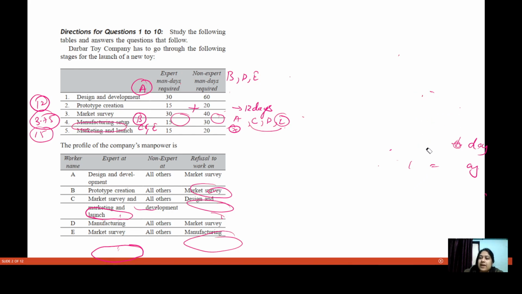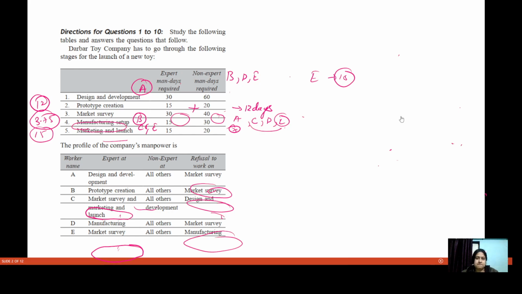Okay, fine. Now let us try to do this for the manufacturing setup. Expert man days are 15 and non-expert man days are 30.